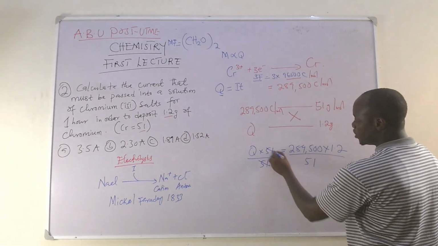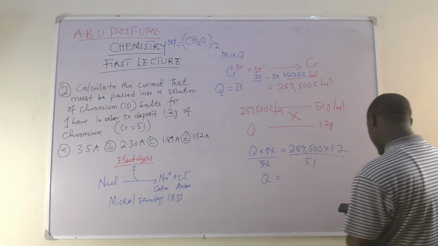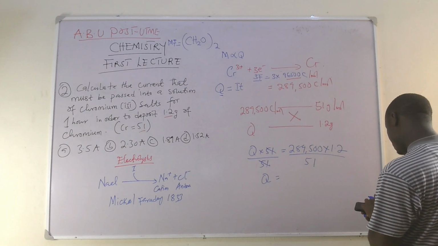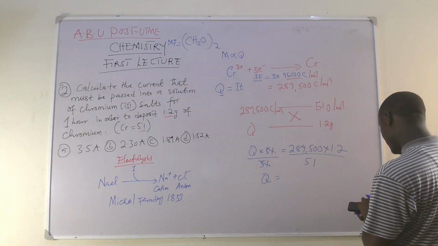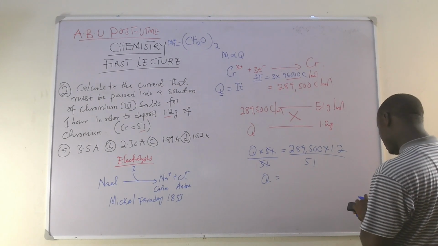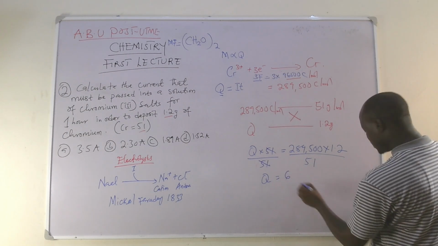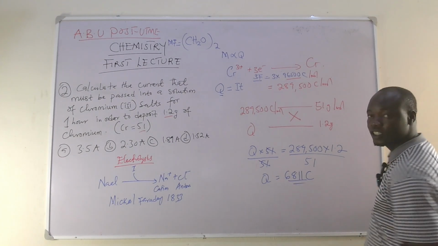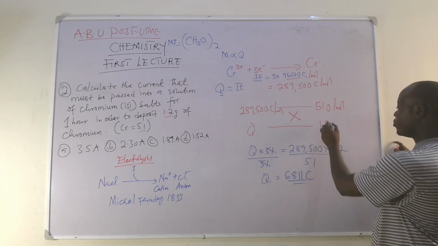This cancels this, and we now have Q equal to 289,500 times 1.2 divided by 51, and this will give us 6,811 coulomb.